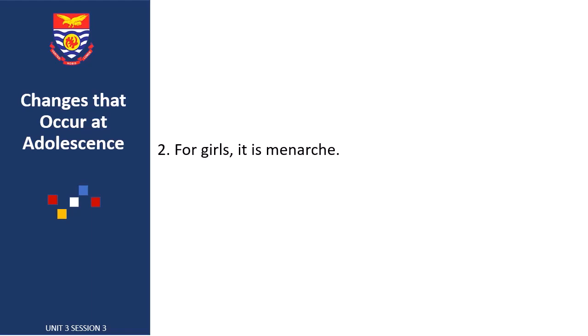Aside from that, even though it is not a visible sign of maturity, it has been considered the most salient indicator of pubertal development for girls. Again, scientific studies have shown that menarche comes either at the beginning or the end of the period of the physical changes taking place at puberty.